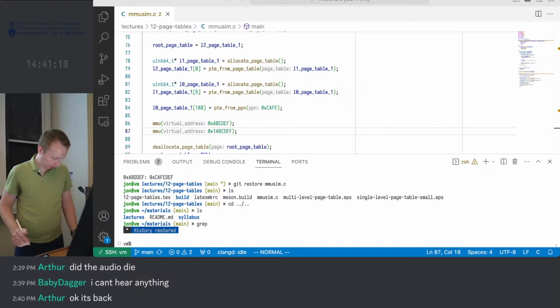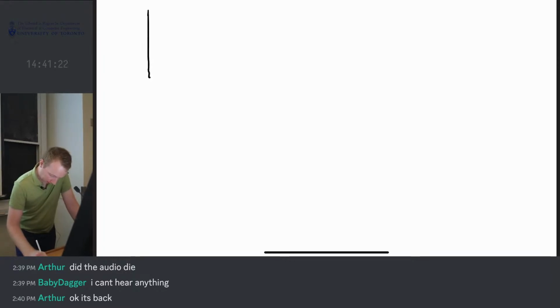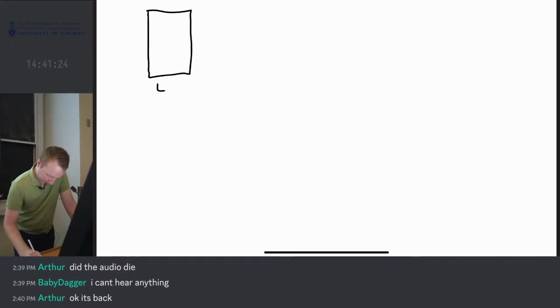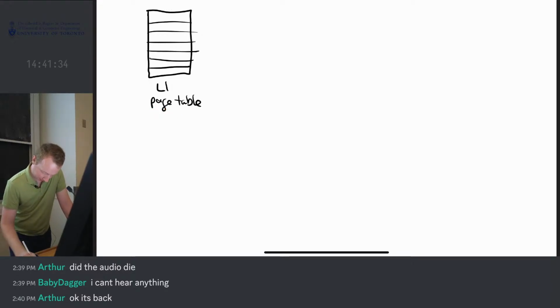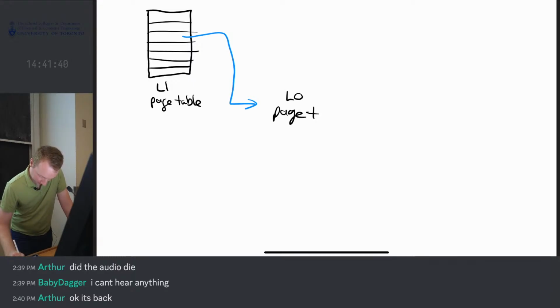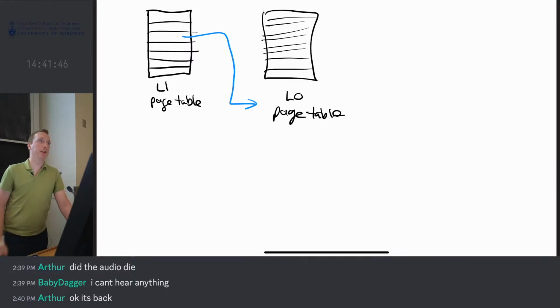So it would look something like this, right? Our L1 page table, these are all the entries. It would have a single entry that points to an L0 page table. And in here it would have 512 entries.